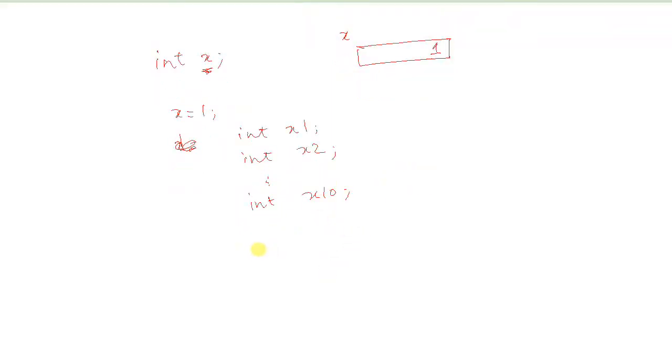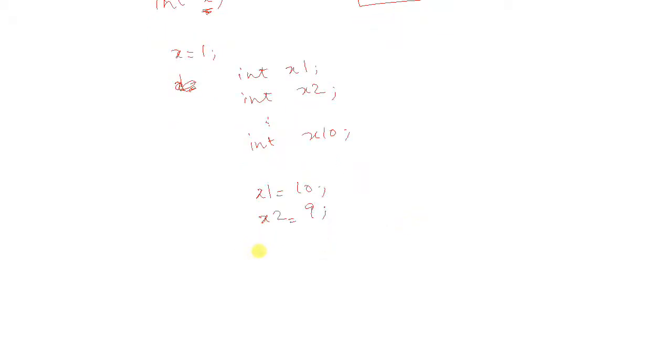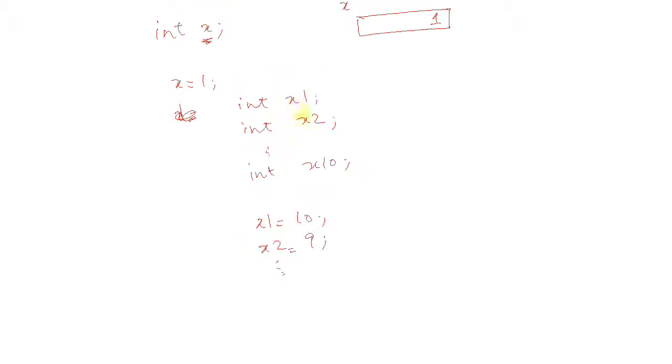And then for each one of them, you have to store the value, like x1 is equal to 10, one kid is 10 years old, x2 is equal to 9, is 9 years old, and so on. So it's not too practical actually.